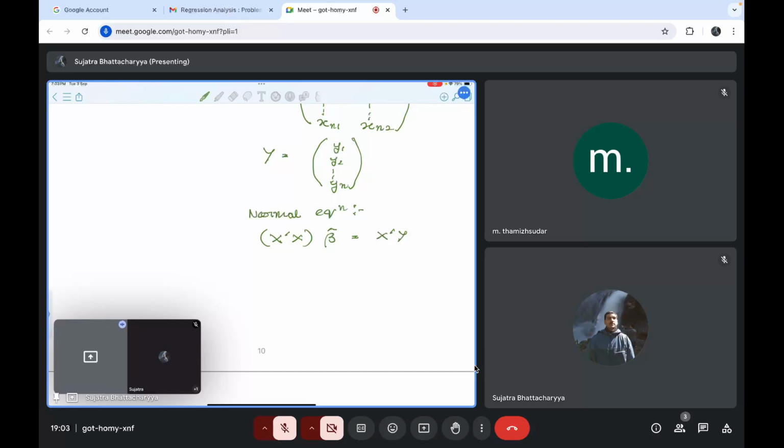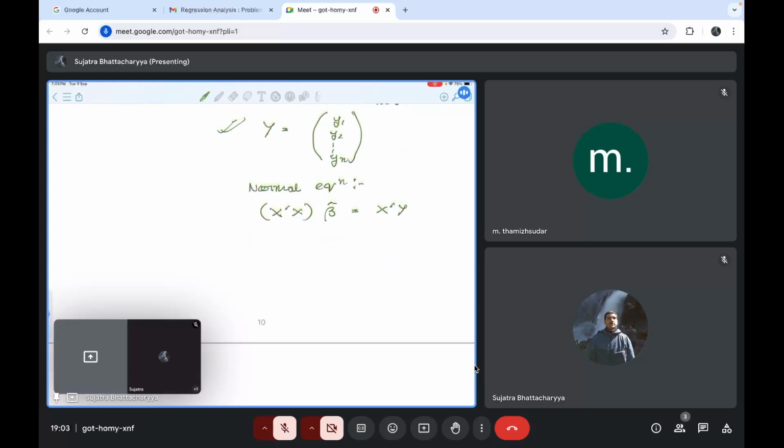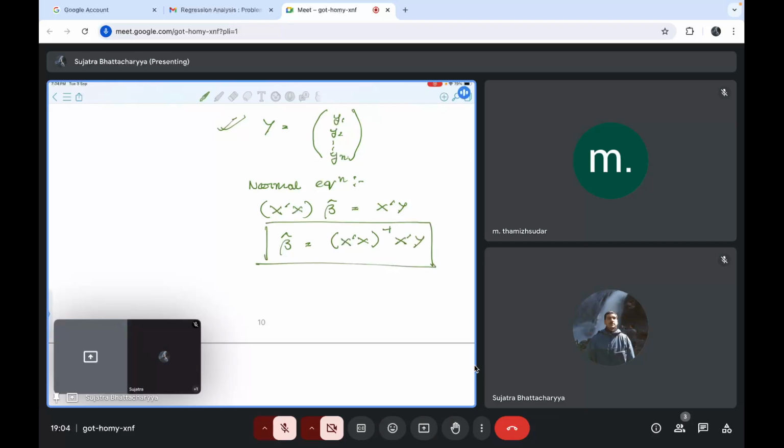But we have to remember that this X is now centered and scaled, and this y is now centered and scaled. So the definition of beta hat will be the same, but it consists of different things, the centered and scaled parameters.